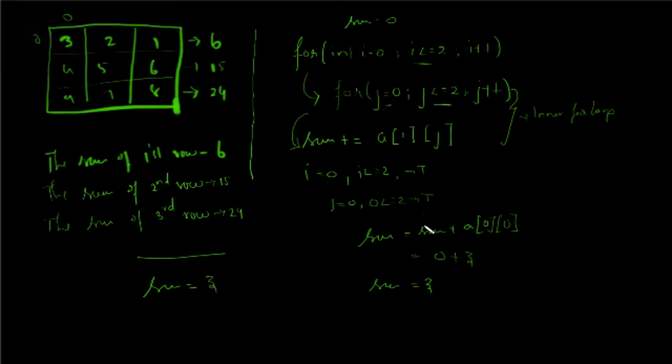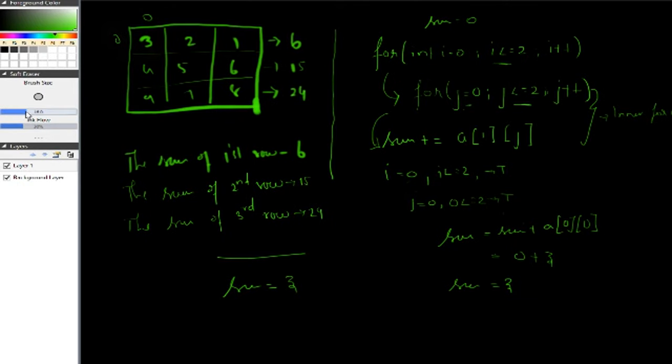After executing this statement, it moves on to the next value of j, that is j becomes 1. The value of j becomes 1, and 1 less than or equal to 2, the condition is again true, so it comes in here at this step. When j is equal to 0, the value of sum is equal to 3.